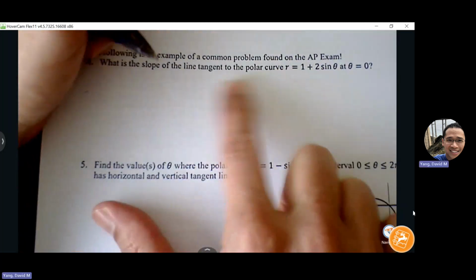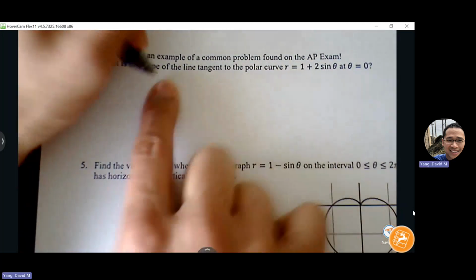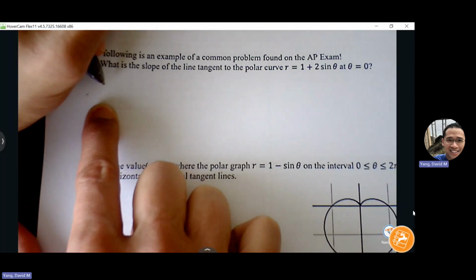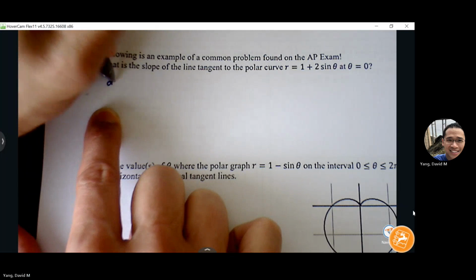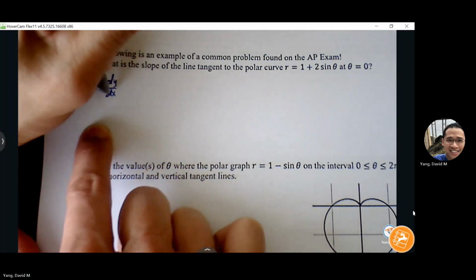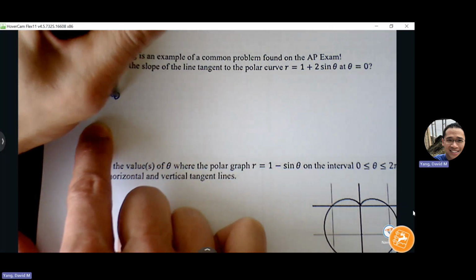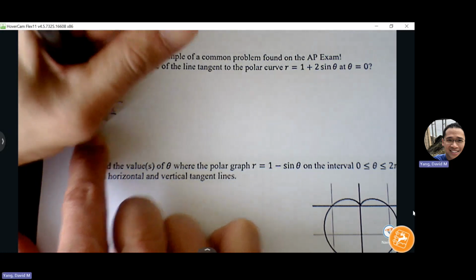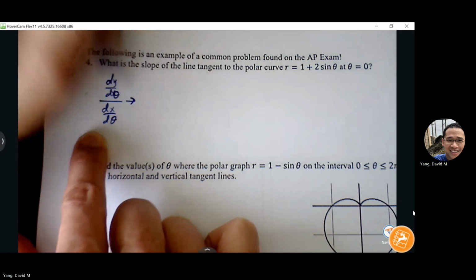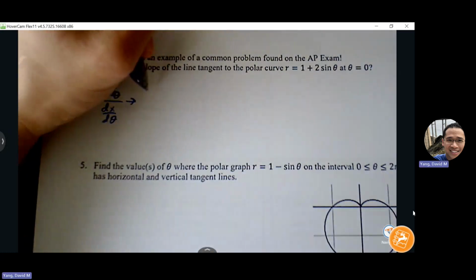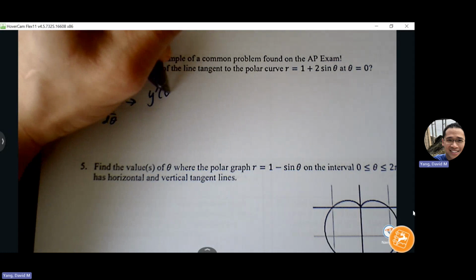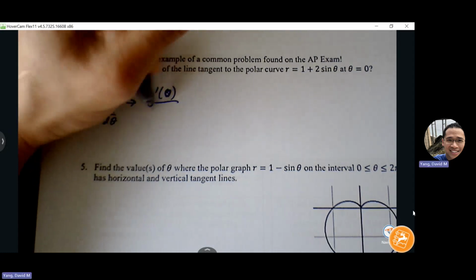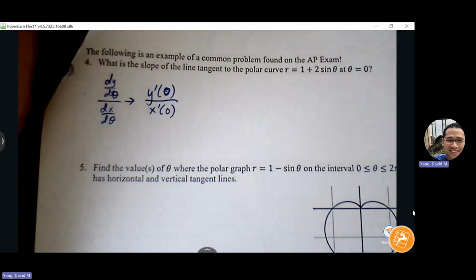Okay, so we know that if we're trying to convert from polar into slope, it's going to be dy over dx ultimately, or sorry, dy over d theta over dx over d theta. So we know ultimately it's going to be y prime, and we know the theta value, so it's y prime of 0 divided by x prime of 0.